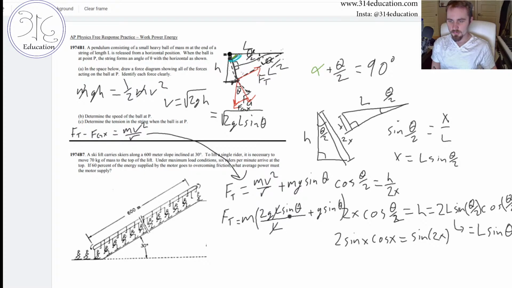I can cancel the L's. Can leave it like that if we want. But this is really not that difficult, because that is just 2g sine theta plus g sine theta. That's 3g sine theta. So our Ft is equal to 3mg sine of our angle theta.